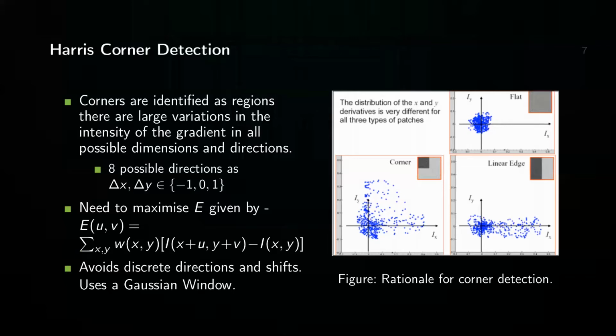So a window function is basically a weight given to the neighboring pixels when considering a particular pixel. You have seen the difference between a Gaussian window and a square window before. So what Harris corner detection does is it uses a Gaussian window which avoids discrete directions and shift.